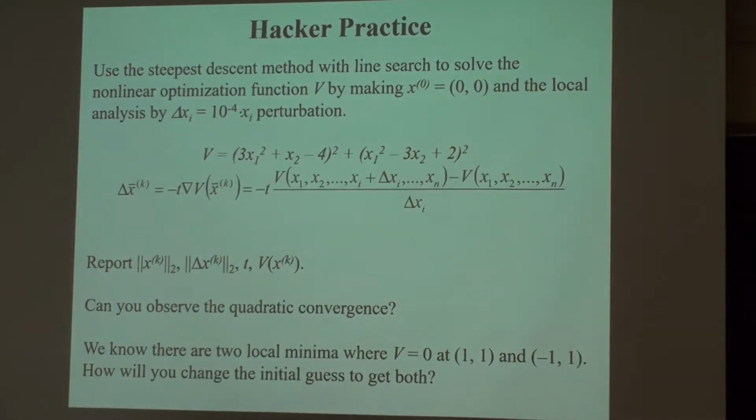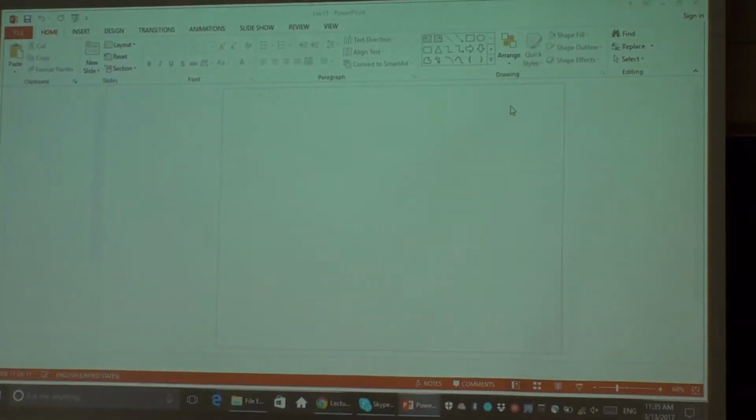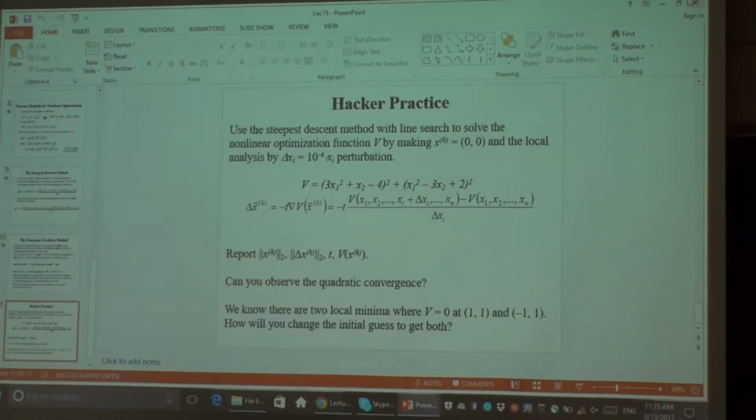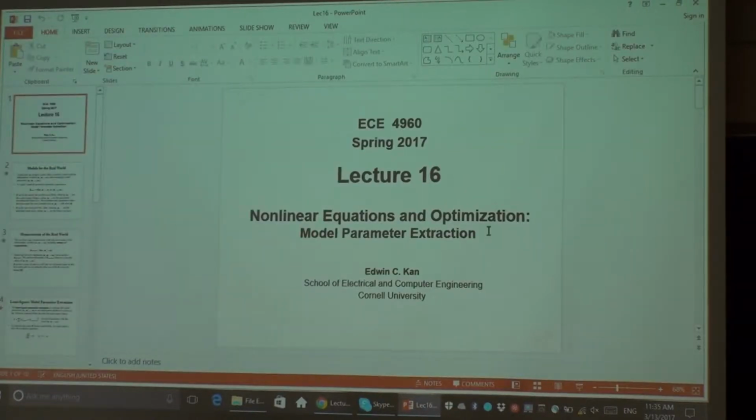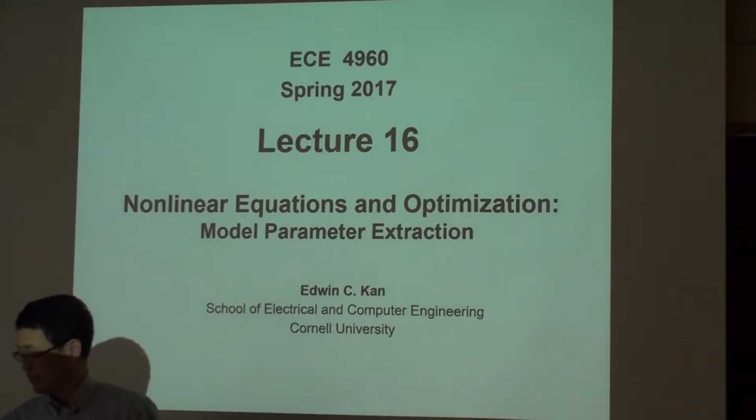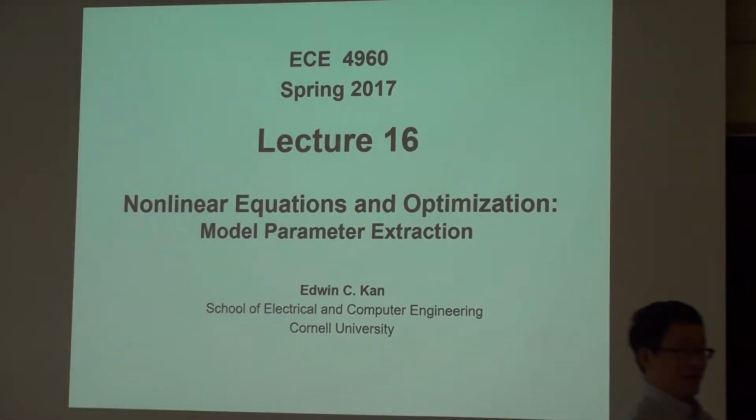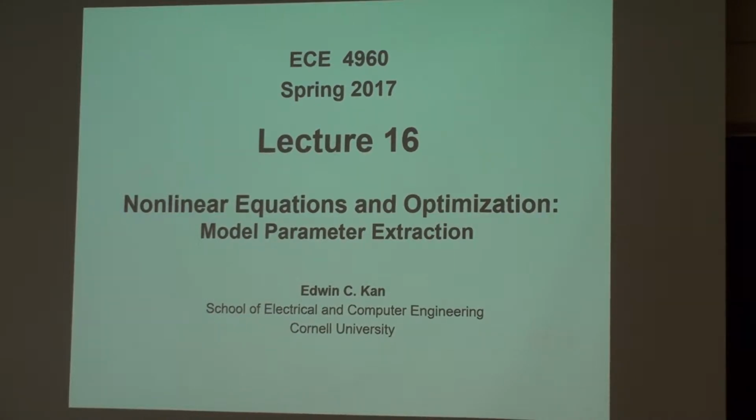So let me introduce the thing you have done so many times in your life: parameter extraction. As a forward, this is nothing but a nonlinear optimization. It's just a way you write down the objective function. So nothing mathematically new I'm going to tell you.